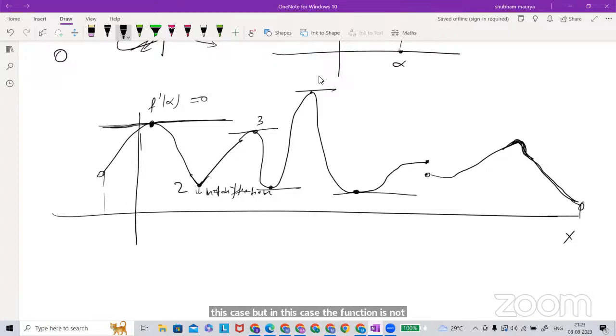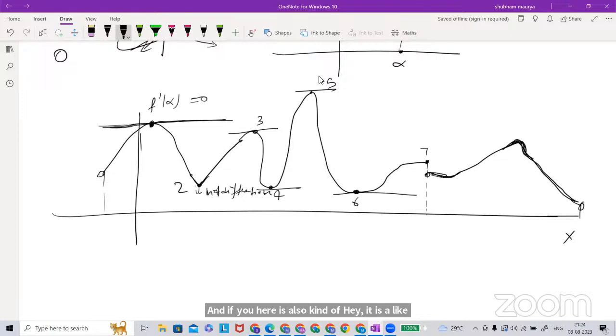So this is the fourth one, this is the fifth one, and this is the sixth one. Here also the function is not even continuous. So how could it be differentiable? So this is also a critical point. This is the seventh one.